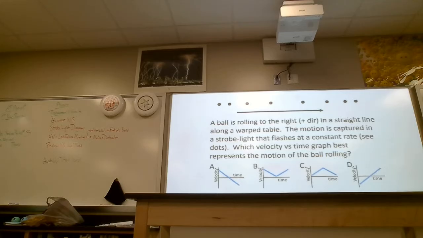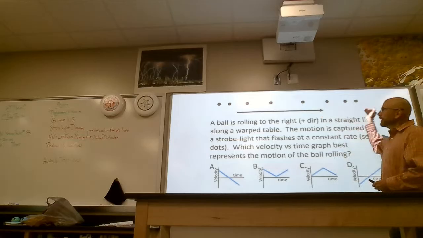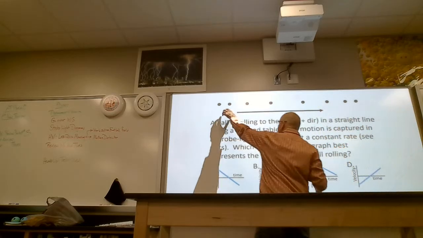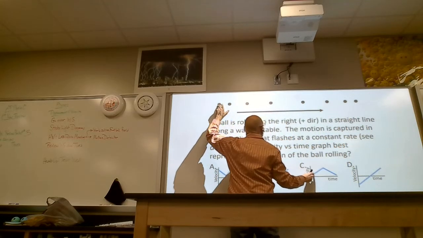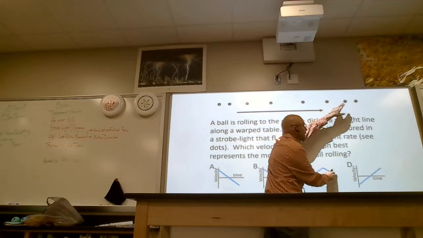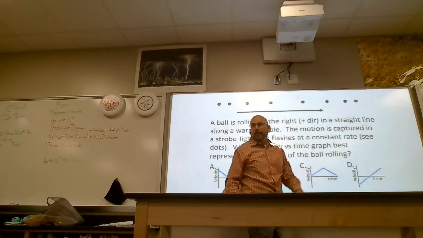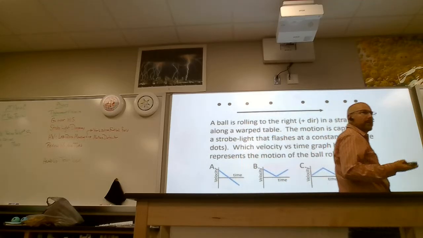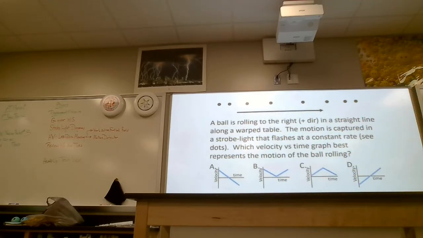Correct answer is C. Crazy cats. Okay? You're always moving in the positive direction. You're going slow, so you're close to 0. Going fast, you're away from 0. Slow again, closer to 0. All in the positive direction. You're all above the x-axis. Good?